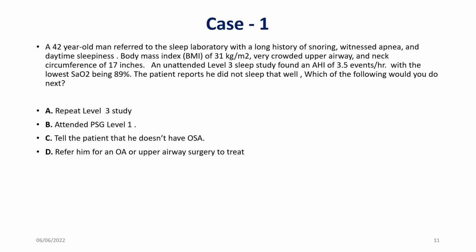So should we repeat this level 3 study, or tell him there is no obstructive sleep apnea and he can go back home? Any comments? So we should do attended PSG in this case. As I told you, if the portable study fails, we should go back to the level 1 PSG. So we will do level 1 PSG in this case.